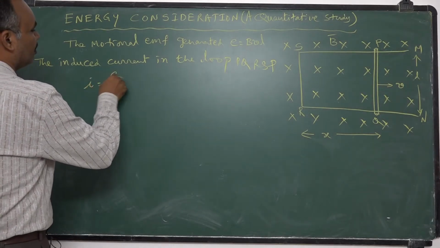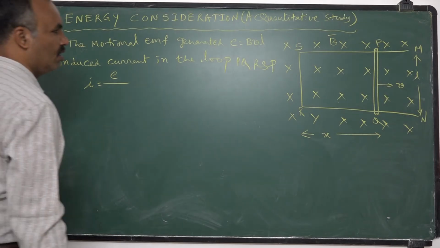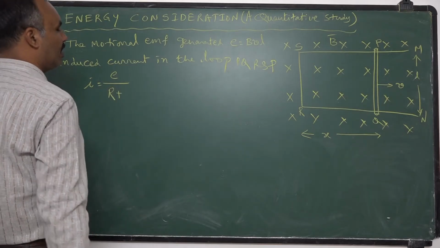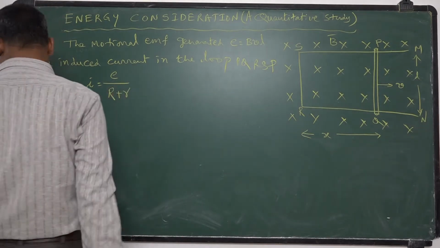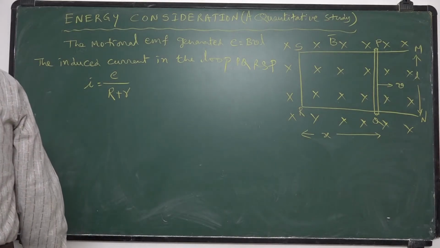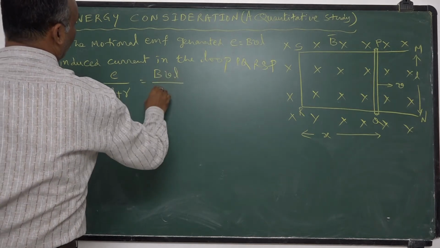Induced current is given by induced EMF by effective resistance. If the resistance of the loop is capital R, and the resistance of the rod is small r, then I is equal to, already we know BVL, so I should write BVL by R plus r.